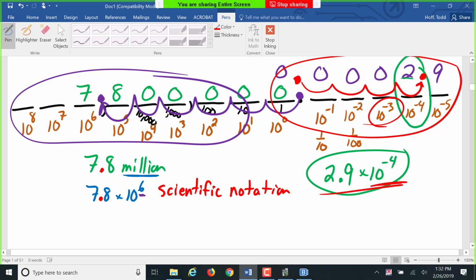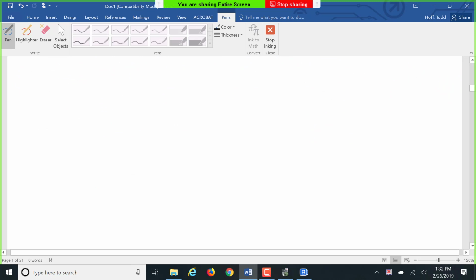So if I have 0.0000083. First of all, that's going to become 8.3. 8 is my first non-zero digit, so everything's focused around that.